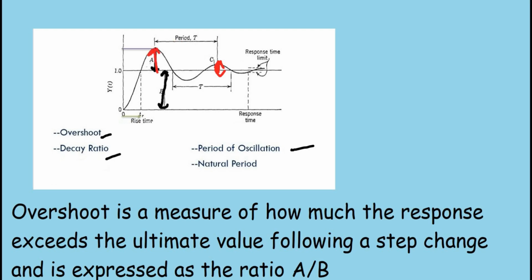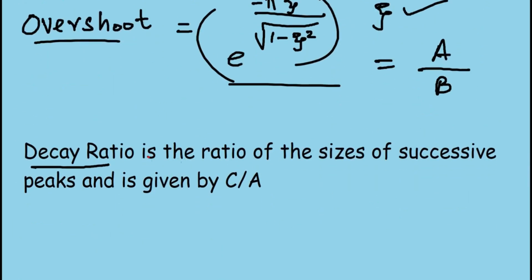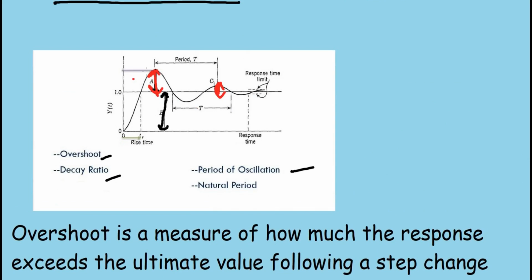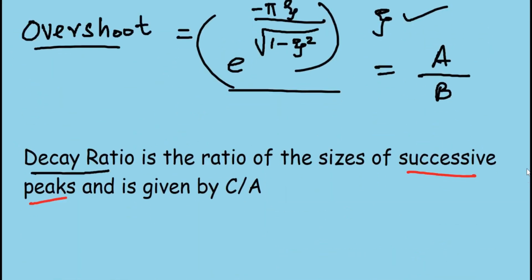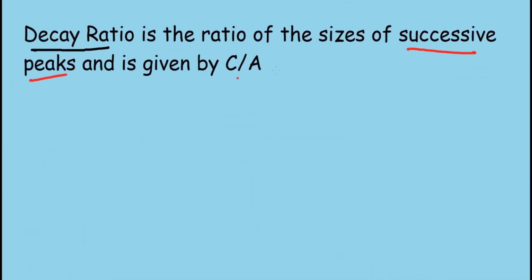So the ratio of C by A is nothing but the decay ratio. In the graph you can see that the first peak is this one and the next peak is this one. So C by A is defined as the decay ratio. Expression wise it can be calculated as decay ratio equals overshoot whole square.